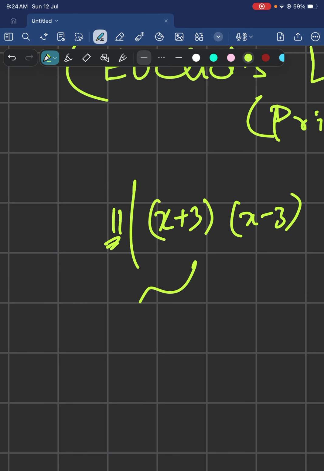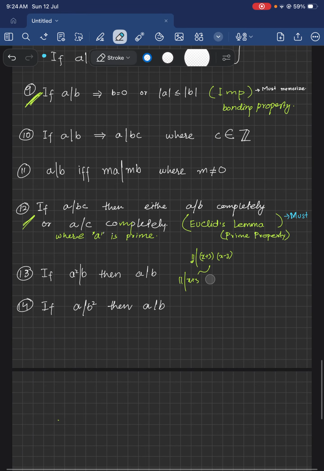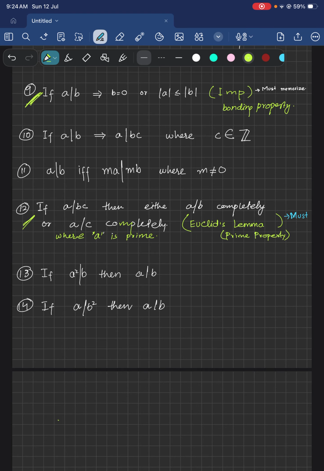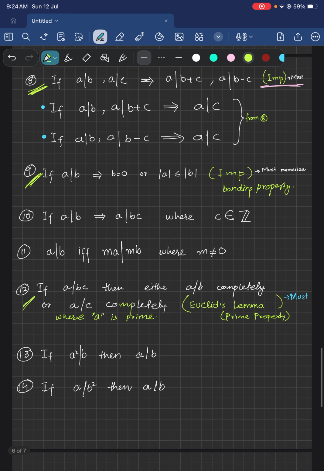Then I can use this case that 11 either divides x plus 3, or it divides x minus 3. So this is what this property means. With the help of this, you get to solve so many questions on primes, composite numbers, and divisibility. Man, this is a very useful property.